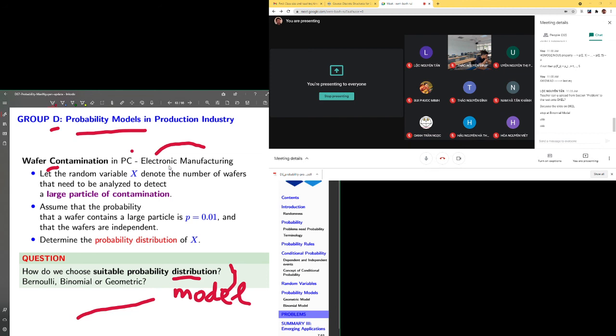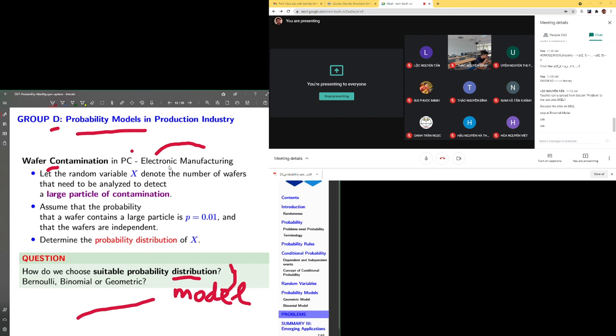So that will help you to realize the importance of probability models. All right. The theory stops when you study down to binomial models, and the last one here just provides a hint for you to apply everything you learn in practice. So in this case, we apply the geometric, because we find the way like this. Let Y be a wafer with a particle.